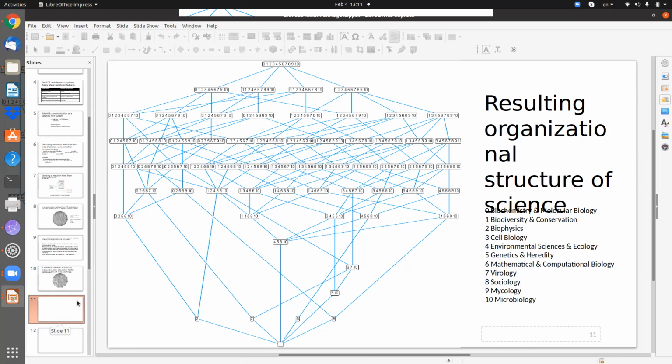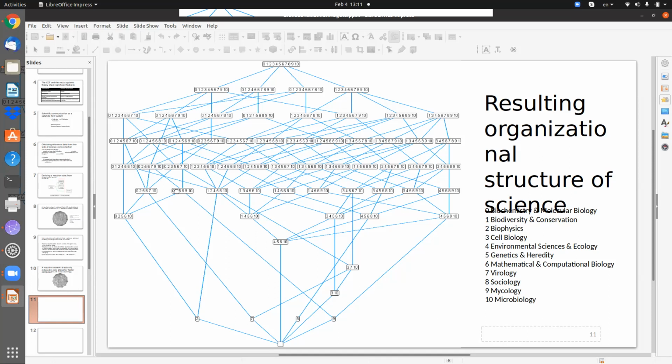Here we can see a lattice of only the connected organizations, because I thought that, when looking at it from a social systems perspective, it would probably be better to have only the connected organizations, so as to have a coherent system really. And here, every one of these ovals is an organization.